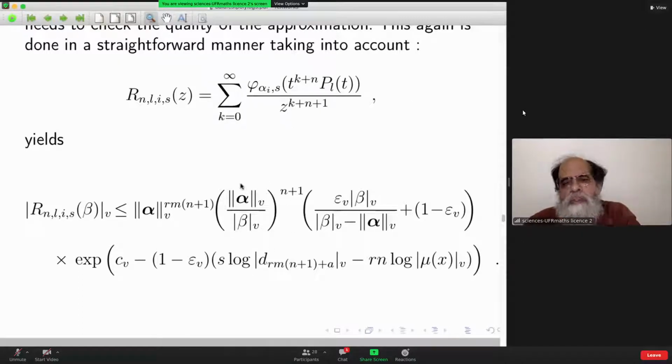This comes from the geometric series expansion. And finally, this term, alpha to the power Rmn, comes from the fact that you have a homogeneous polynomial of precisely the same degree. So the constant in front of your geometric series expansion is the norm of alpha to the appropriate power. And so the quality of the approximation is pretty good. You have alpha divided by beta to the power n plus 1. So you see this number is very small if beta is very large compared to alpha. And this is all you need to know.